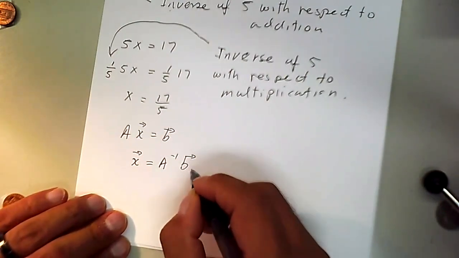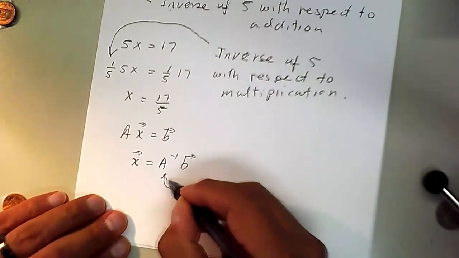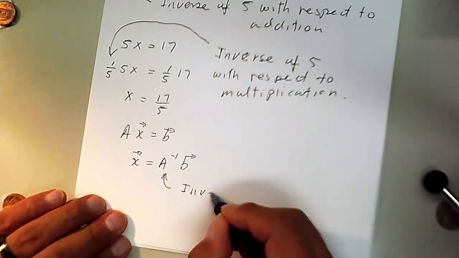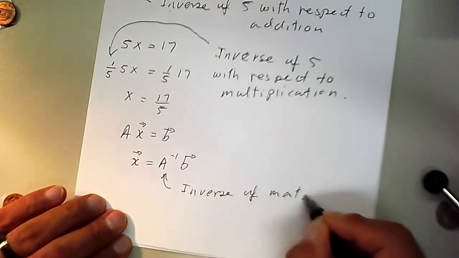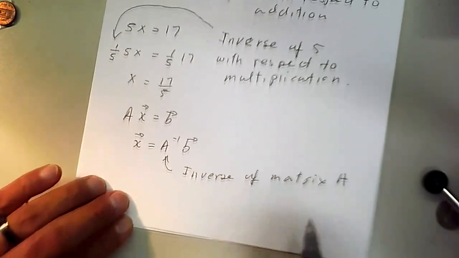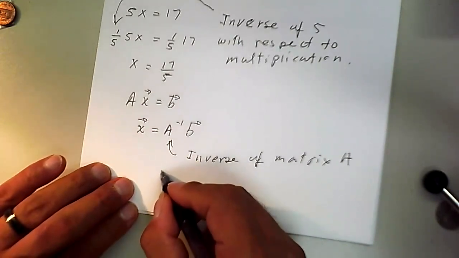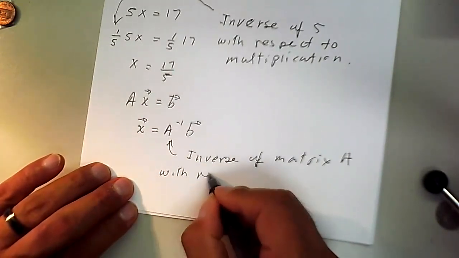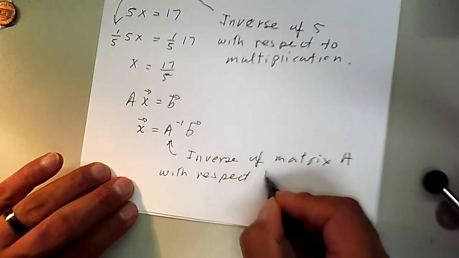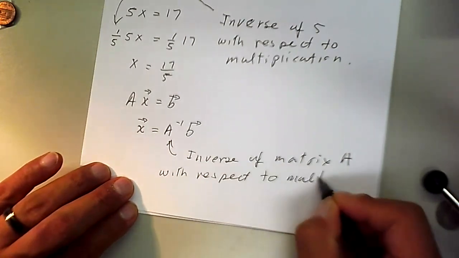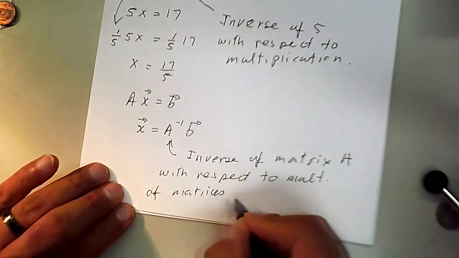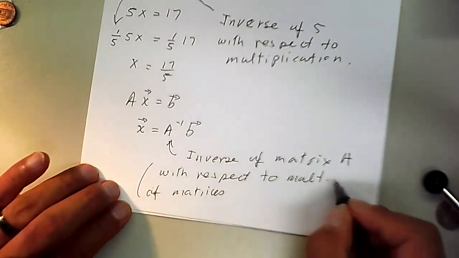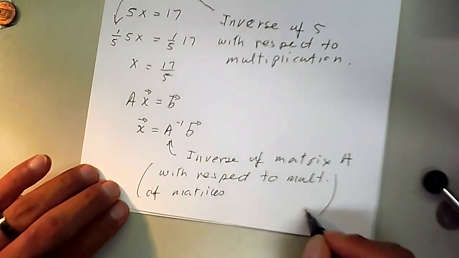B. So this is called the inverse of matrix A. Technically speaking, we should state with respect to multiplication of matrices. But of course, that is too long to say, and it is understood.